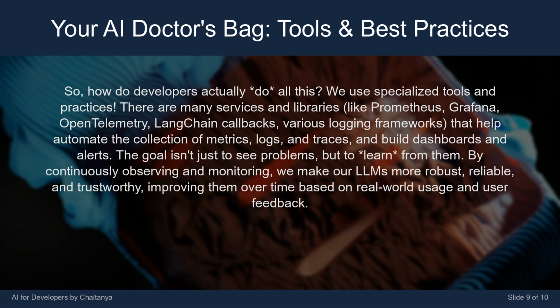The goal isn't just to see problems, but to learn from them. By continuously observing and monitoring, we make our LLMs more robust, reliable, and trustworthy, improving them over time based on real-world usage and user feedback.